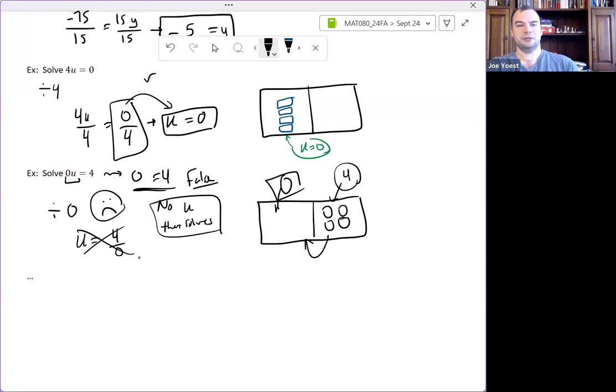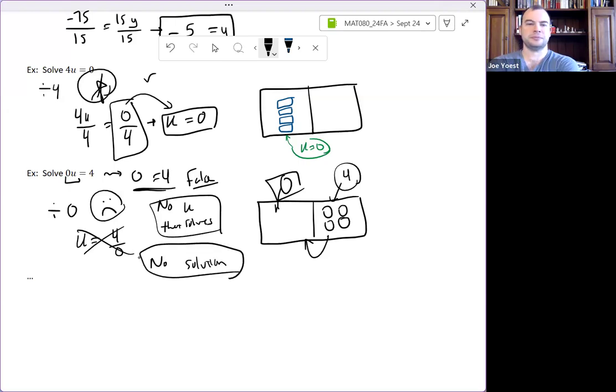That's perfectly fine. There's nothing wrong with this previous example. We just had 0 candy to distribute to 4 bags. Nobody gets any candy, sorry. But if I have 4 bars of candy to distribute to 0 bags, how many go in each bag? That's kind of a nonsense question. So this would be no solution.